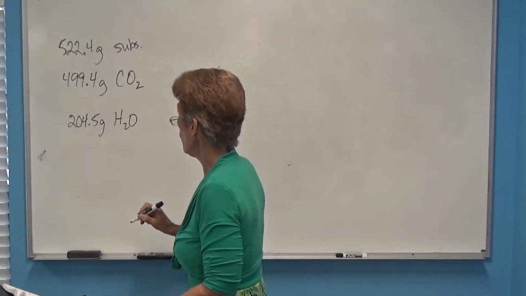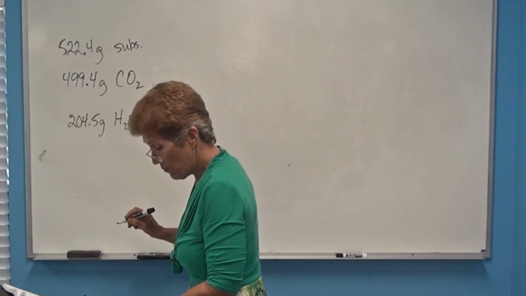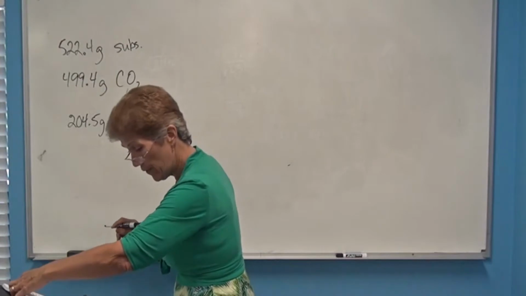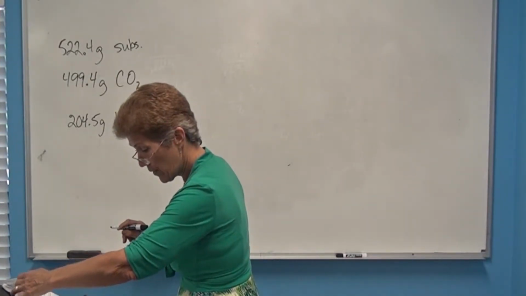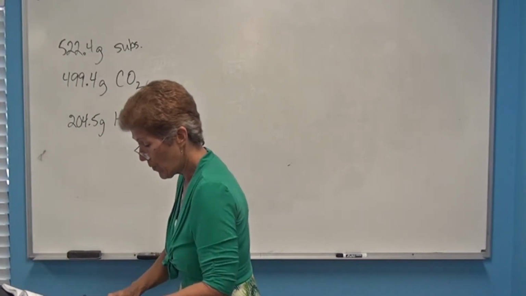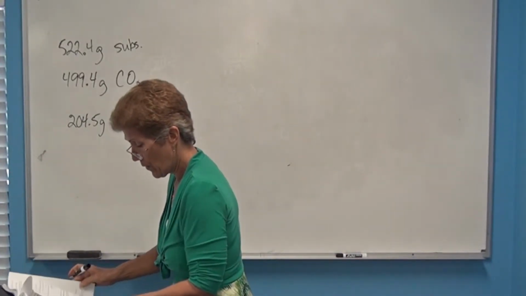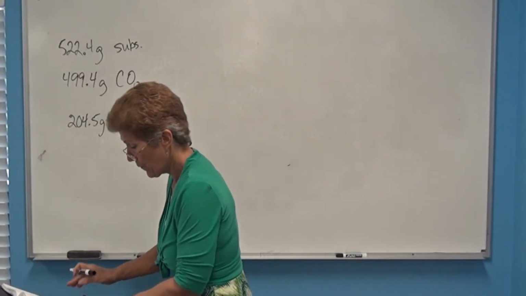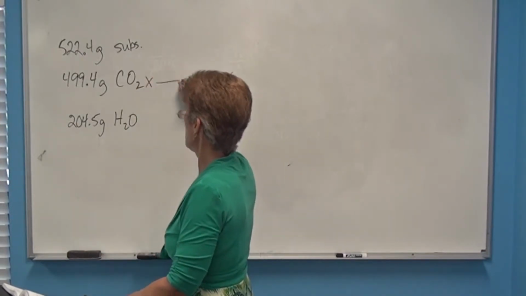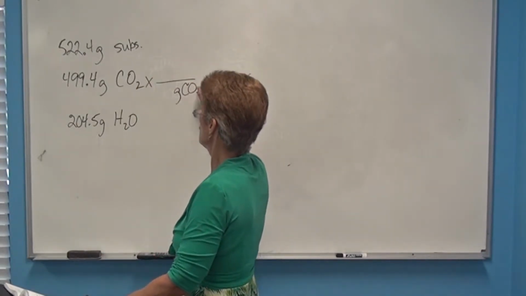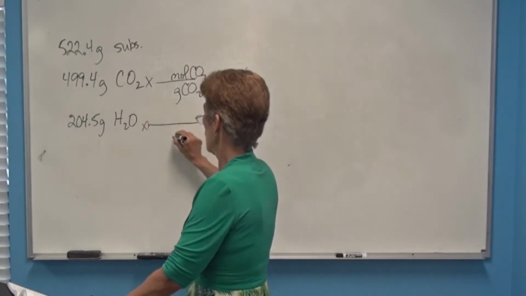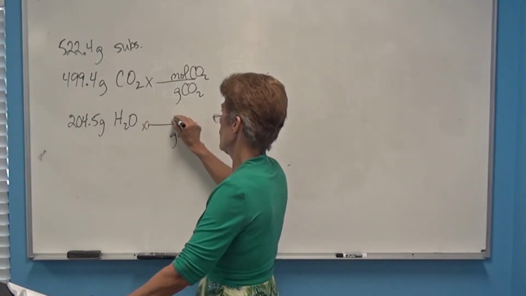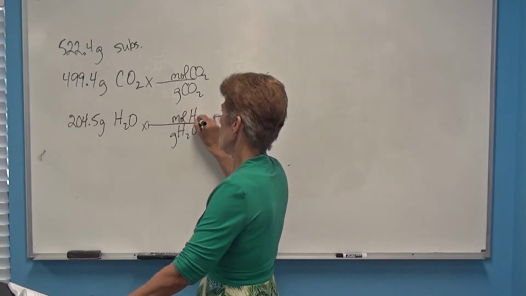Okay, so first let's figure out how many moles of each of those products we have. So we're going to go times line, grams of CO2, moles of CO2, grams of water, moles of water.